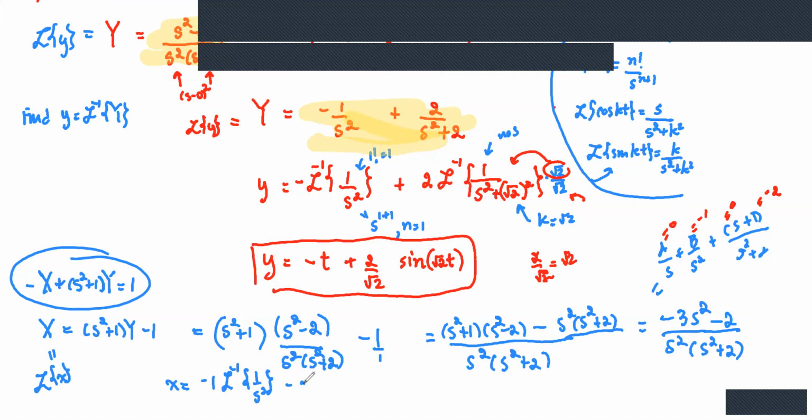It comes out almost similar to the one that we got for y, right? So -2 times the inverse Laplace of 1 over s squared plus 2, or square root 2 squared. And it should give us -t minus 2 over square root 2 times sine of square root 2 t.